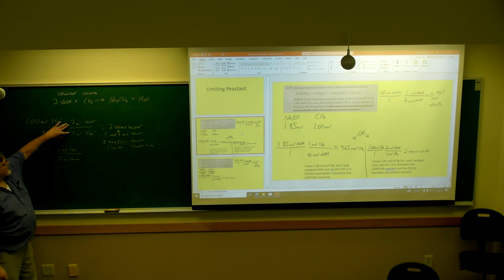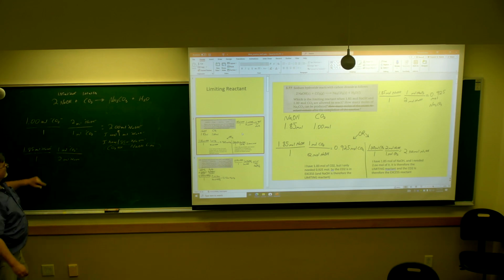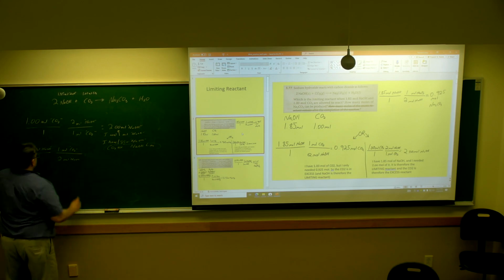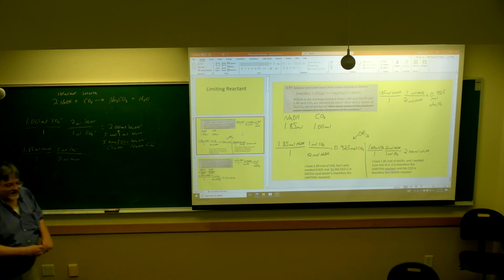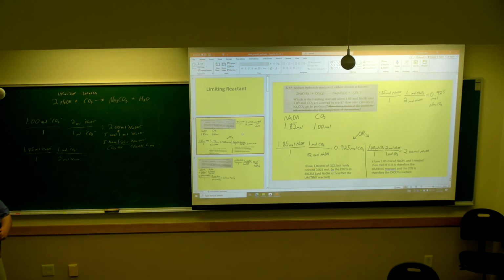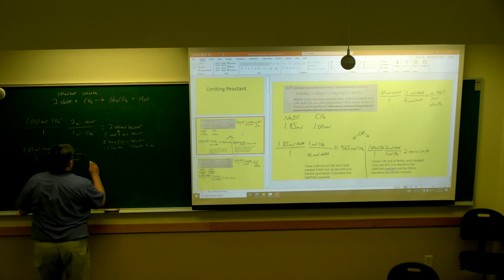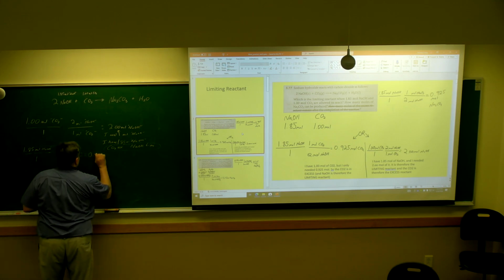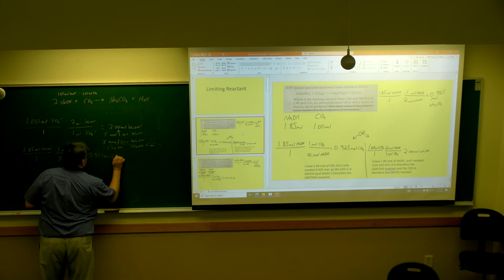So I'm using this again, but I've got it flipped over because I got NaOH here. 1.85 divided by 2. Can you do that in your head? 0.925 moles of CO2.